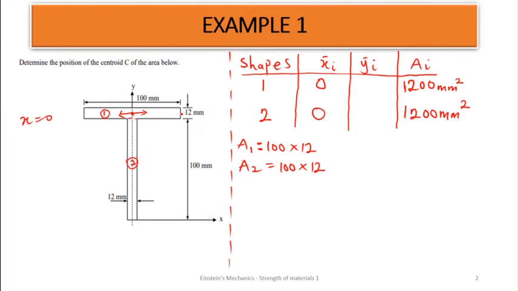But remember, before you got the 6, you moved through all this distance. It must be accounted. So this 100 will be accounted from the axis. So 100 plus the 6, so the y for shape 1 was 106. For shape 2, I want to locate the middle.